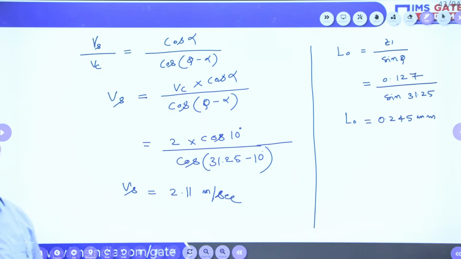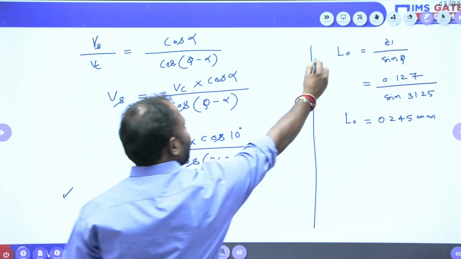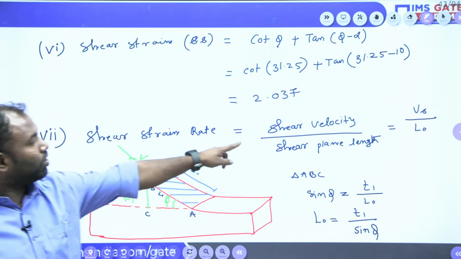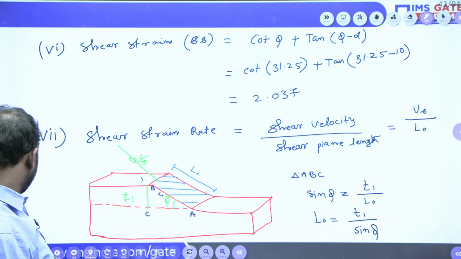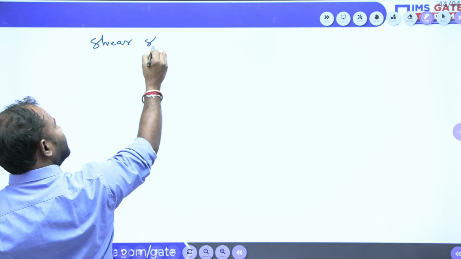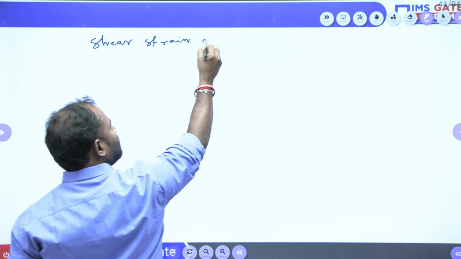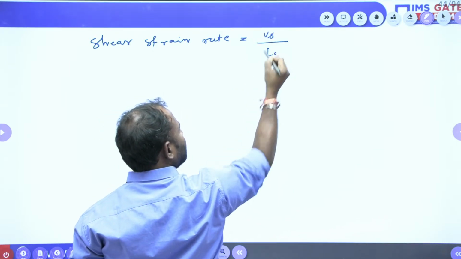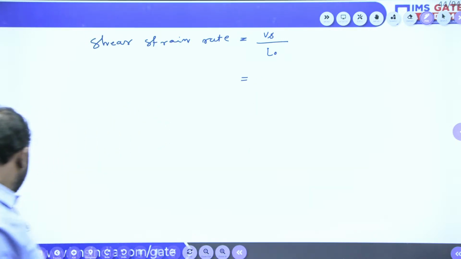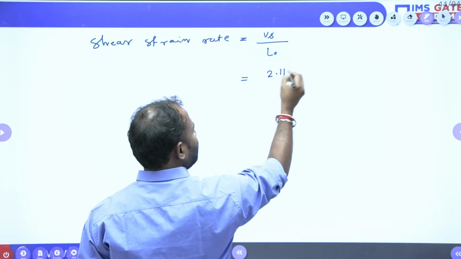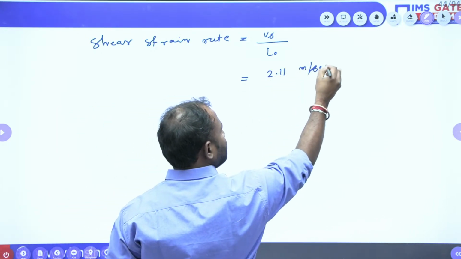Hope you understand all. We got Vs and we got L0, so our shear strain rate is equal to Vs by L0. Vs is 2.11 meter per second divided by 0.245 mm.